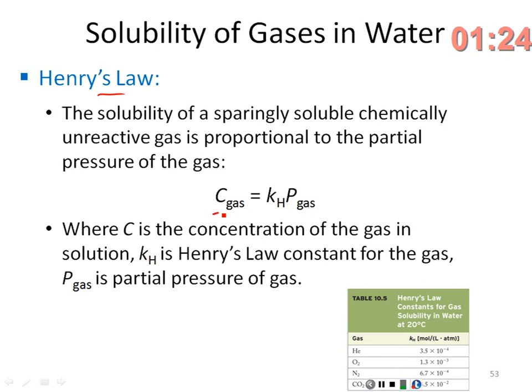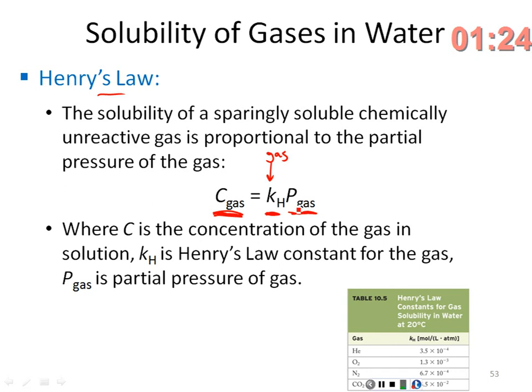And the equation would be C of the gas, so the concentration of the gas in a liquid, is equal to K_H, which is Henry's law constant. And these values are different depending on what gas you're looking at. That's multiplied by P of the gas, so the pressure of the gas above the liquid.